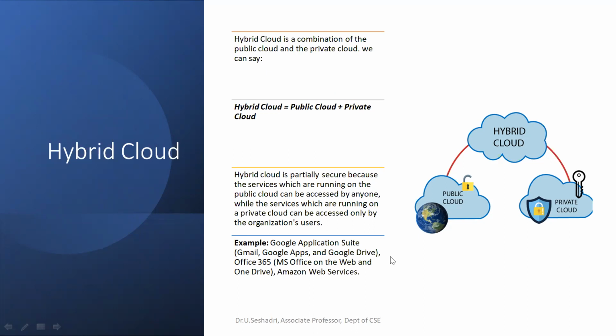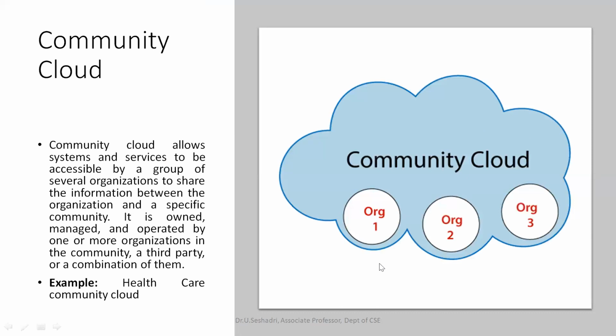Now, another type of cloud is the community cloud. One organization establishes its cloud platform, and another organization, that is a group of similar organizations, forms the cloud. That type of cloud is the community cloud. Community is nothing but the same.